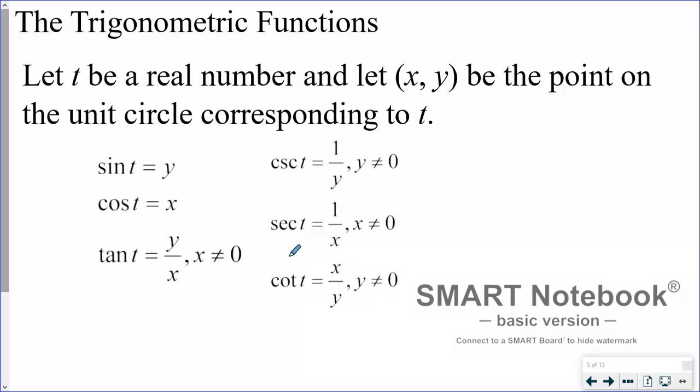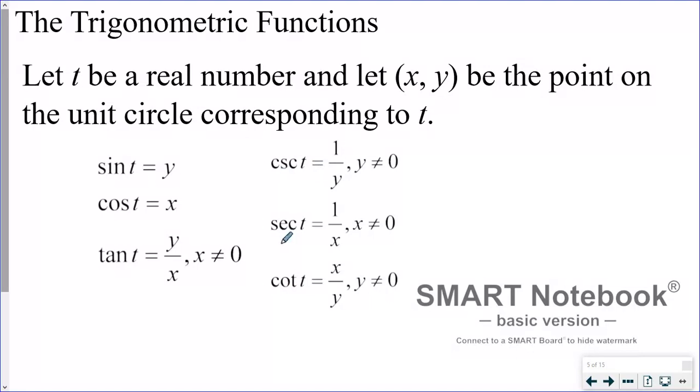So I tailored my geometry honors to my pre-calc class. But a lot of you, if you didn't have me for honors geometry, may not have seen these trigonometric functions. This is called cosecant, secant, and cotangent.